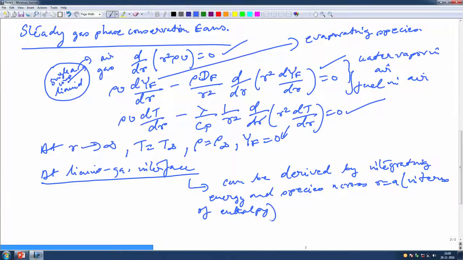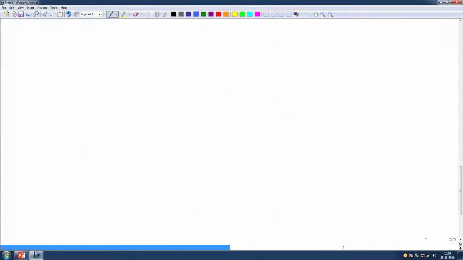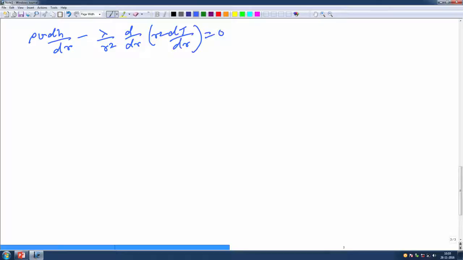Got it. Clear on this particular part, that at the liquid gas interface, and we will see how exactly we are going to do this, because that is the interface. Interface is the most important thing, because that is what we have been doing for so long. So, in terms of the enthalpy, the equations are written like this.